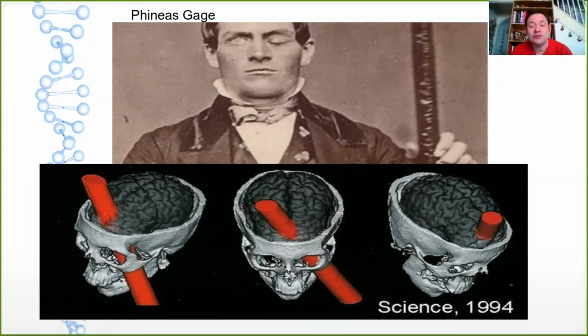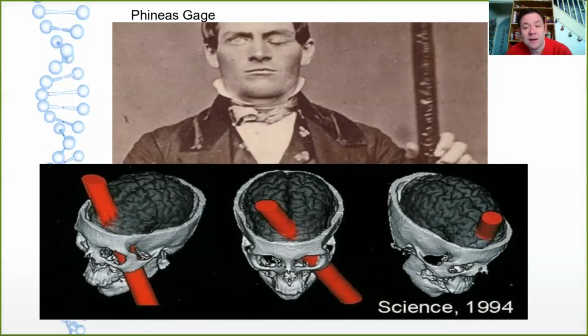A metal rod was blown by dynamite through the frontal lobe of his brain. This metal bar went right through the left frontal lobe of his brain, shot through the other side, and was deposited a few meters away. Now, weirdly, Phineas survived. It's shocking that he survived this event, considering there were no antibiotics or antiseptics or anything like that at the time.